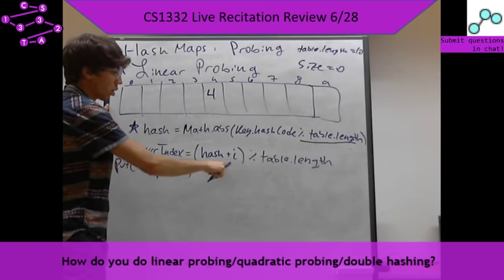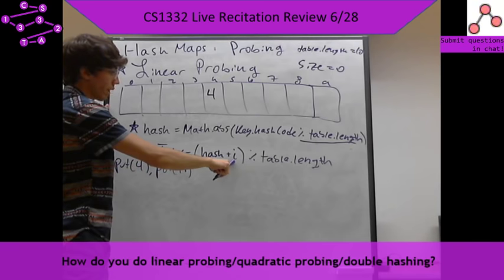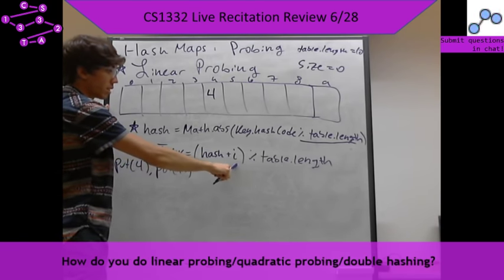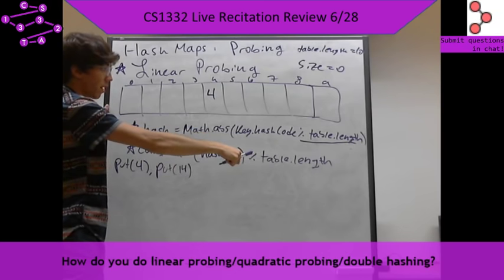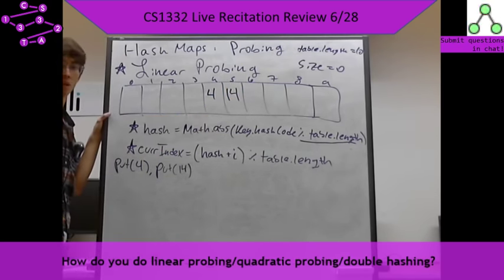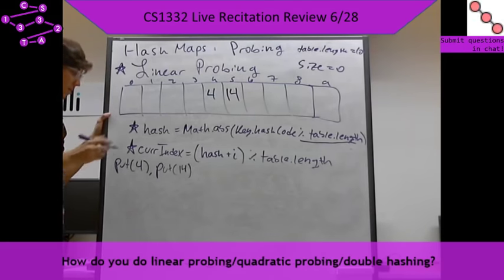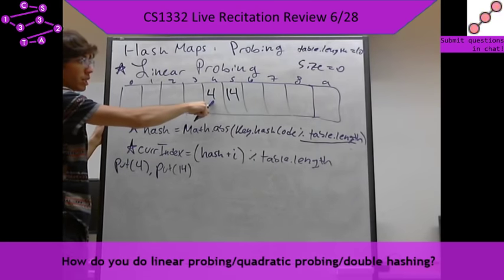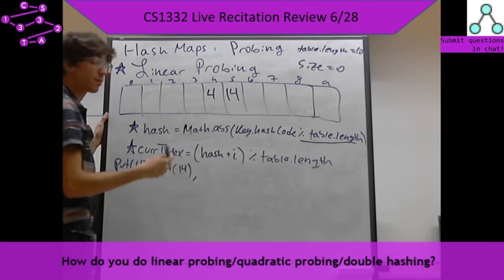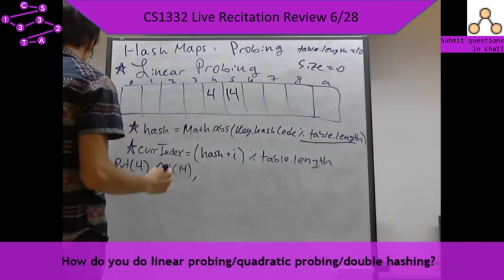When i is equal to 1, our initial hash was 4, plus 1 is 5, mod 10 is still going to be 5, and that will have us place 14 right here. So notice that there was a collision, but it was only moved 1 index over. So we only had to probe 1 time.